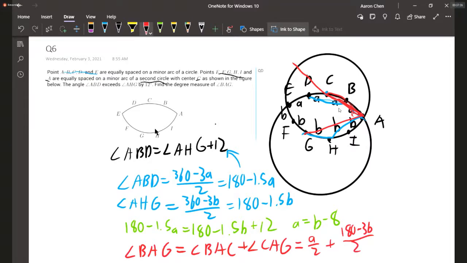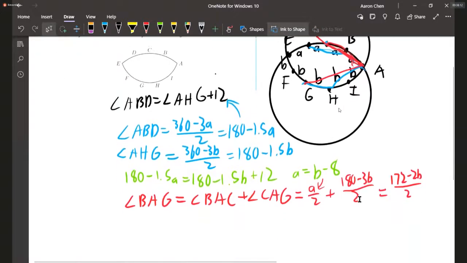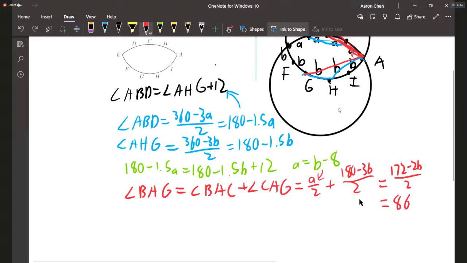And if you plug in a equals b minus 8, you get that what you're trying to find is (172 minus 2b) divided by 2, which is also equal to 86 minus b.